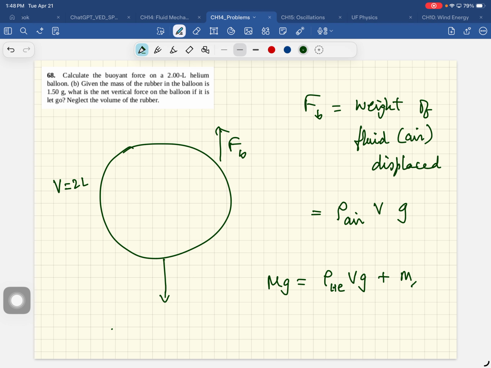And let's calculate mg, density of helium times volume times gravity. What is the density of helium?